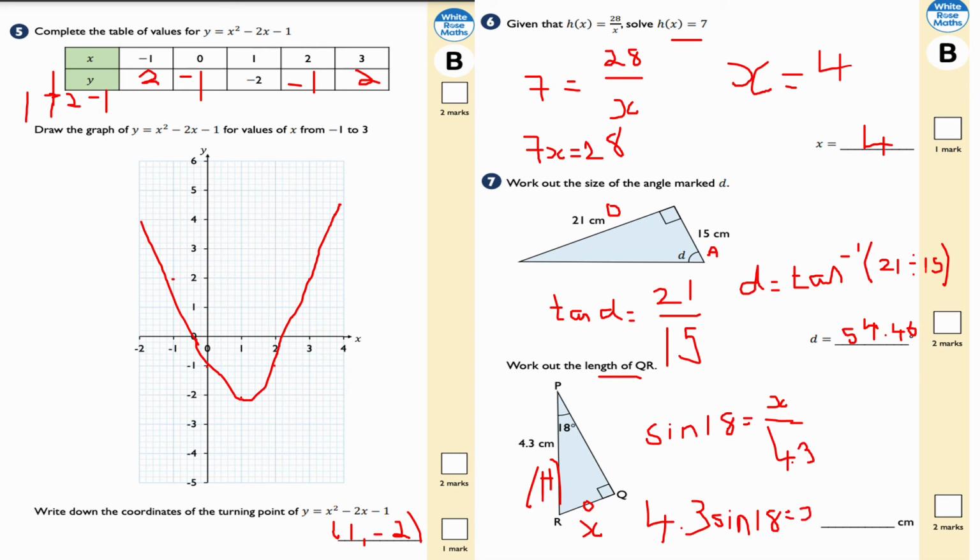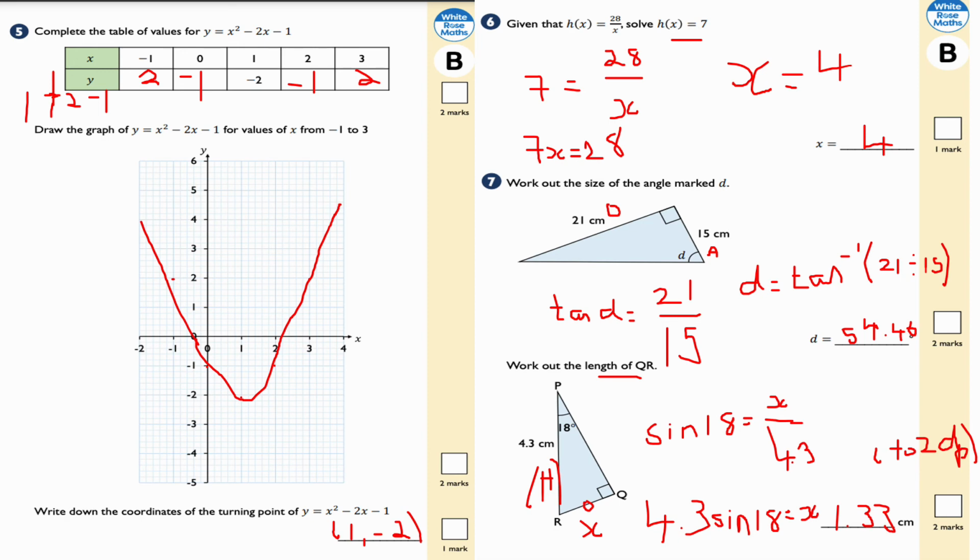Again, I'll probably round my answer to 2dp, but you're welcome to round it to 3 significant figures. 4.3 times sine of 18, close the brackets, and I get the answer of 1.33 centimeters to 2dp or to 3 sig figs. And that's my answer for that, guys.